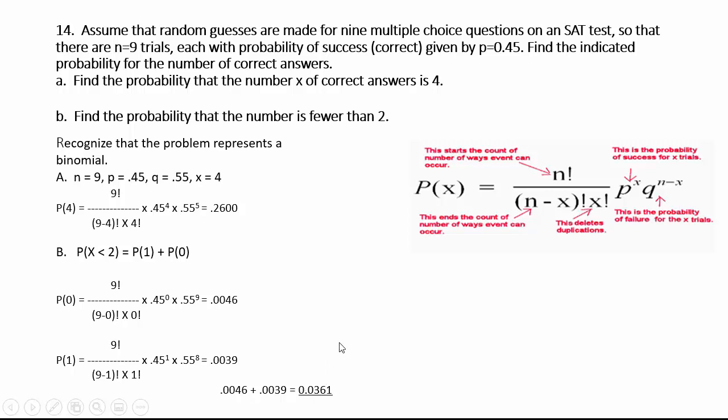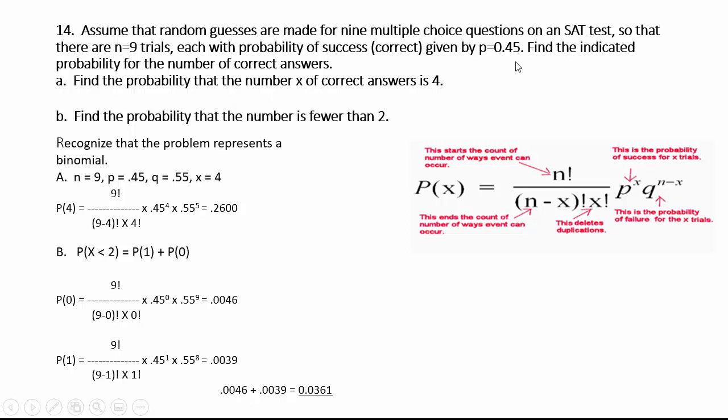Does it make sense that this would be so small? I would always go back and see if that makes sense to you. There are 9 trials, and you're looking for the probability that the number of correct answers is less than 2.